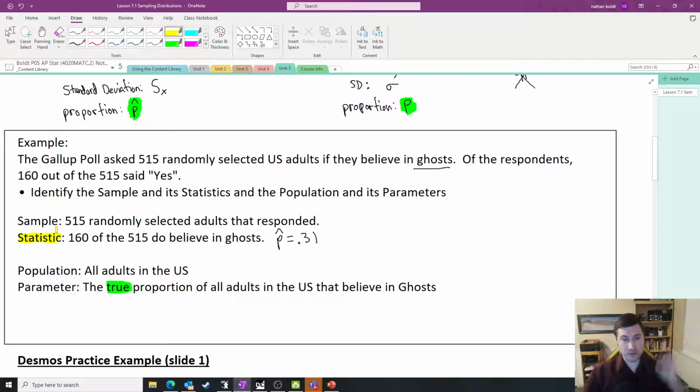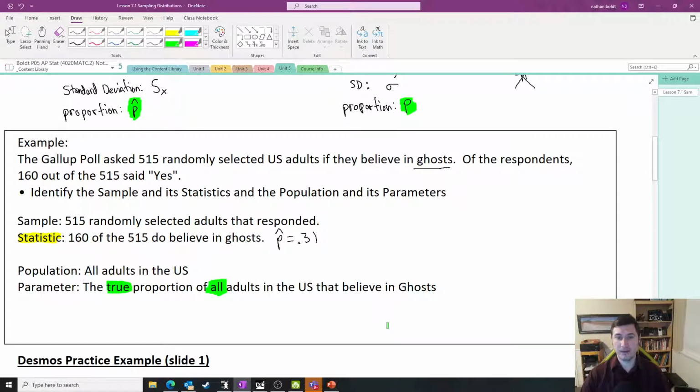And the other word that helps me see that you're talking about the population is the word all. If you're talking about a parameter, you really want to try to use those words. That will make it clear that you're talking about the population, not a statistic. All adults in the U.S. The true proportion. That really helps.